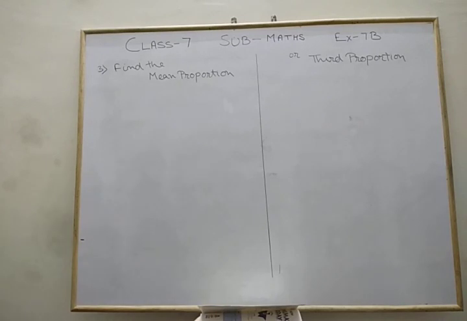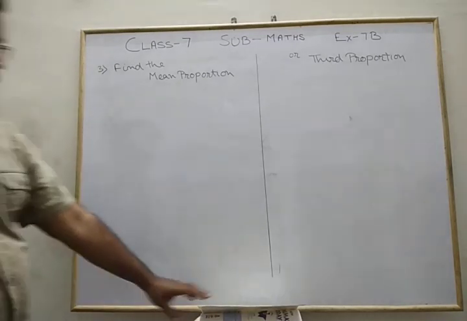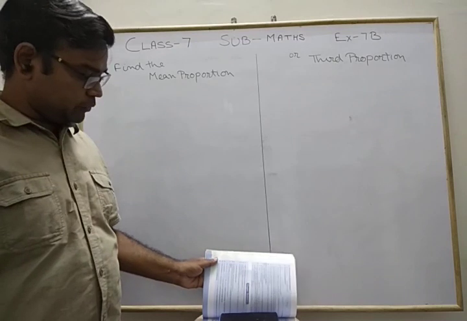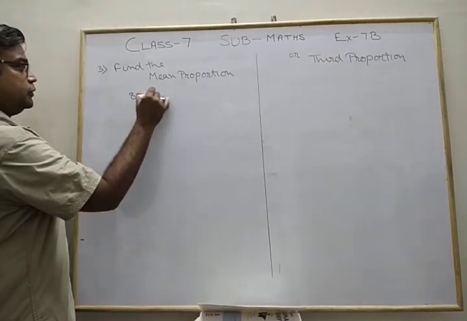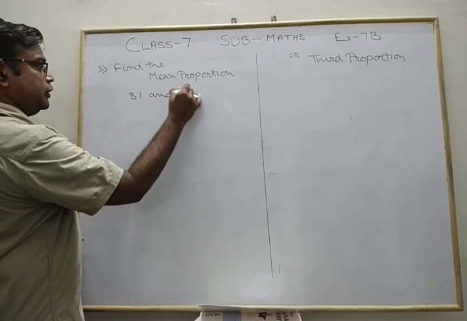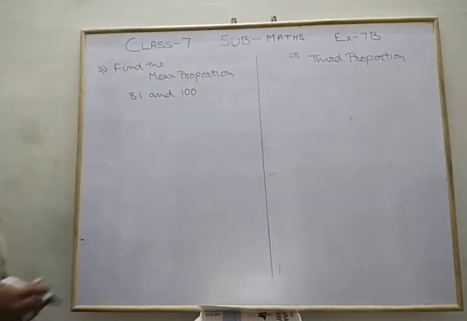Now the next question is to find the mean proportion. Suppose two terms are given to you, 81 and 100. The question asks you to find the mean proportion.